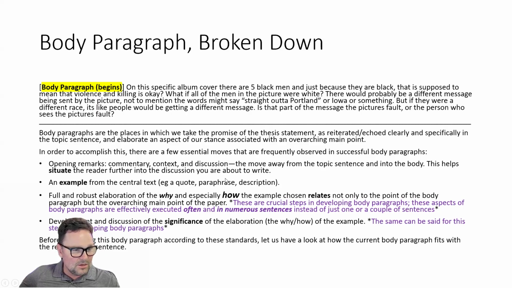In this body paragraph, the example is going to be about the men portrayed in the album cover. So that's going to be in focus. That's going to be our example from the text. In this case, since it's a visual analysis, we're not going to be using quotes or paraphrases, but a description.